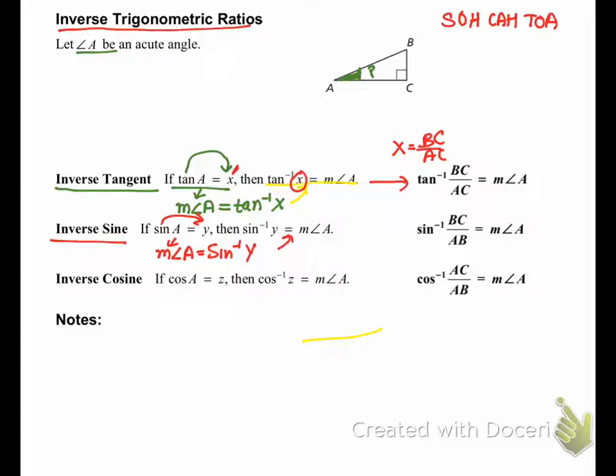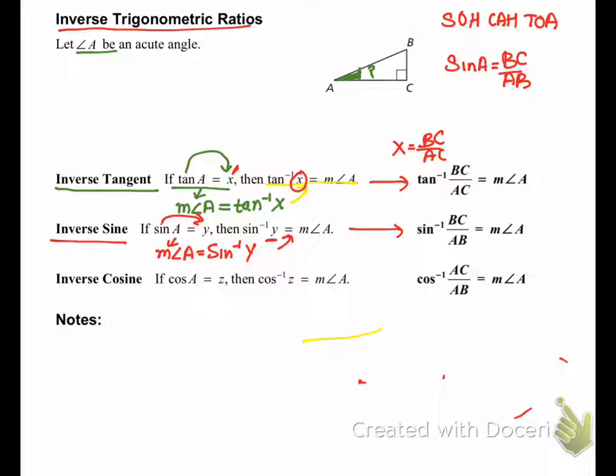Sine of A is opposite over hypotenuse, that's BC over AB. And you can see they just plugged in the value of y here, and there they got the measurement of angle A, the same expression.